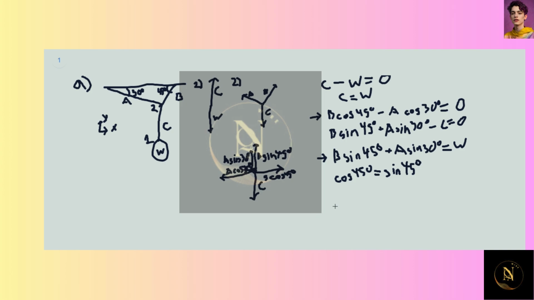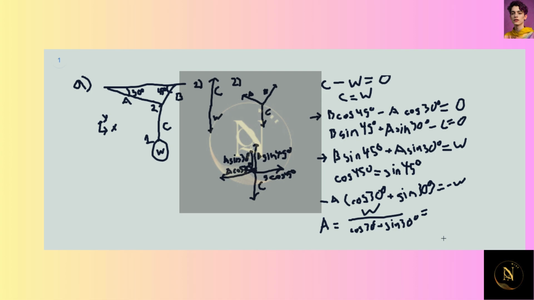That would leave us with negative A cosine of 30 degrees plus A sine of 30 degrees is equal to negative W. Those negative signs on either side cancel out, and in the end you get that A is equal to W over cosine of 30 degrees plus the sine of 30 degrees.